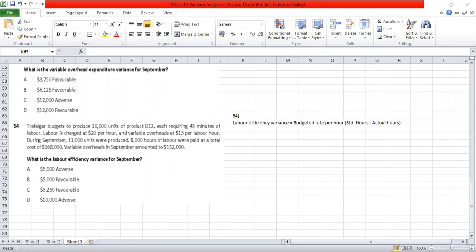Tell me what are these details? So we need to know three variables. One is standard or budgeted hours.